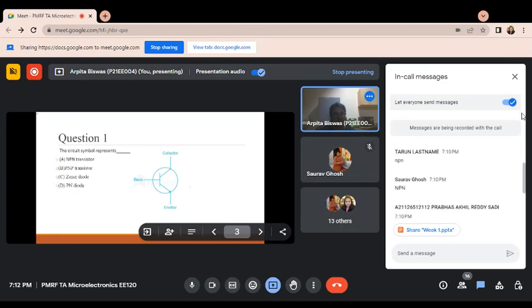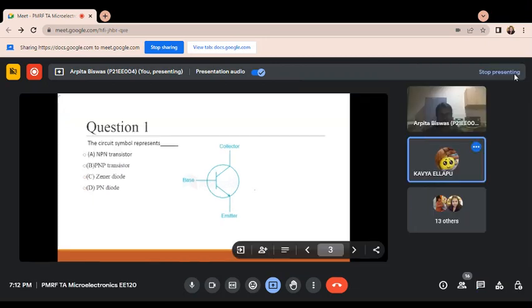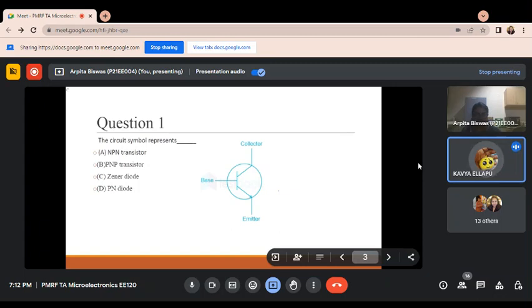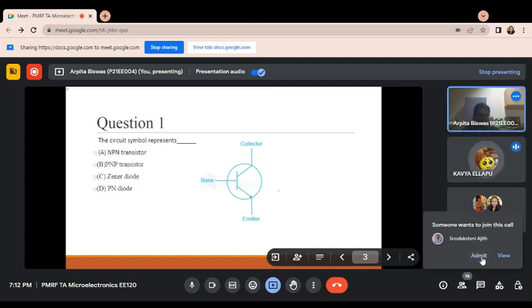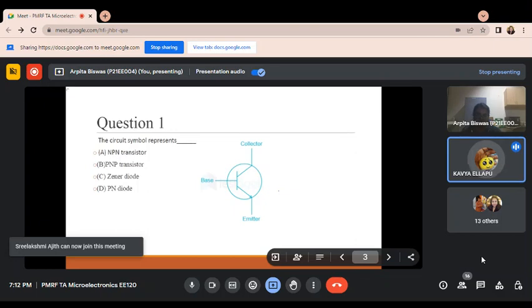Yes, Kavya. Ma'am, the arrow indicates the current direction, ma'am. Okay. In this, the NPN transistor means the emitter is N-type, the base is P-type, and the collector is N-type.